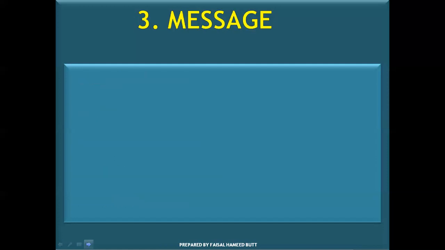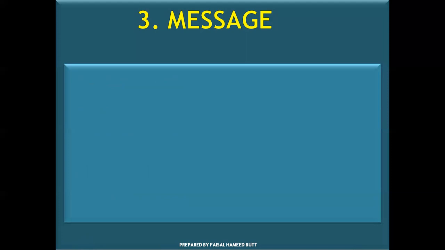The third one is message. It is the core element of communication because communication occurs through sending and receiving messages. Before going to discuss message, we have to understand 6 different short but very important terminologies. First one is meaning.